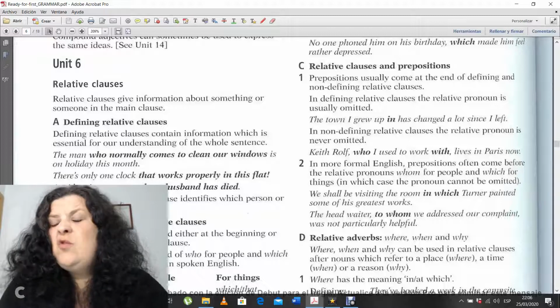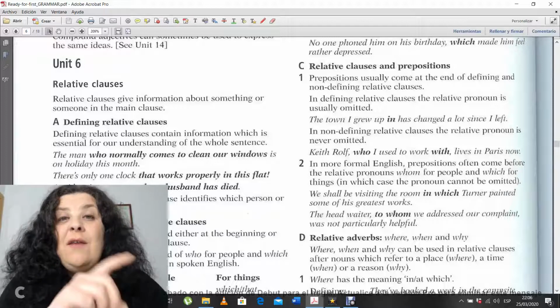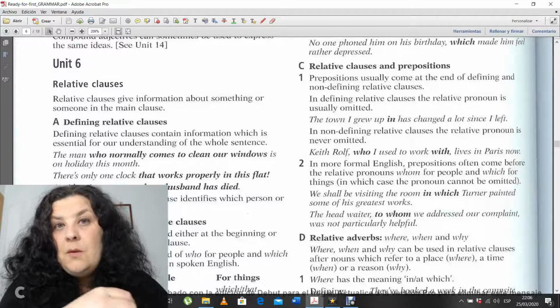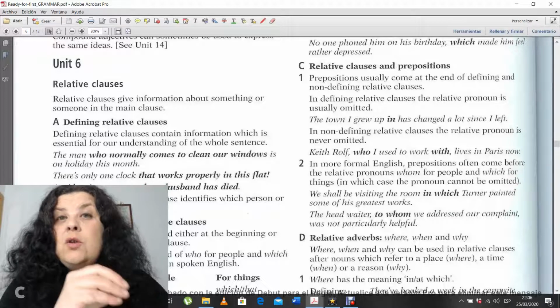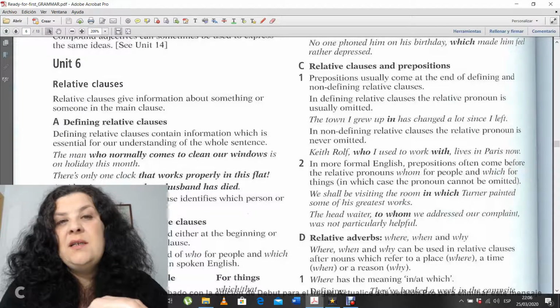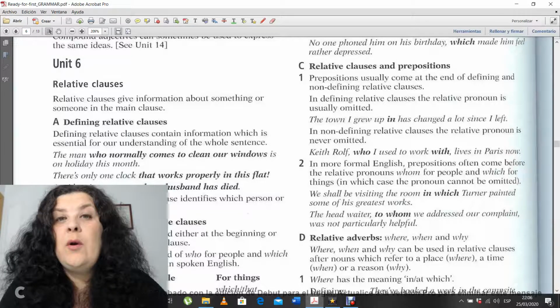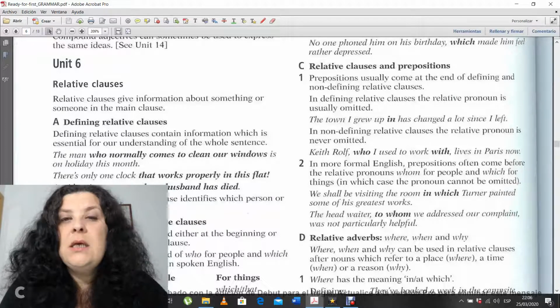The man, which man? So that means that who lives next door is essential to understand the meaning of that sentence, okay? Because it's not any man, it's just the man who lives next door. So it's important, if we take it out, we don't know which man we are talking about, all right?